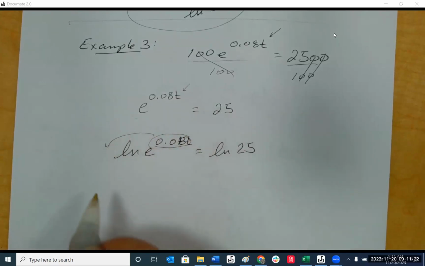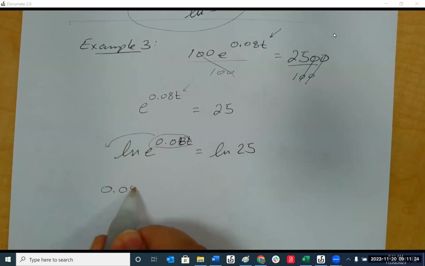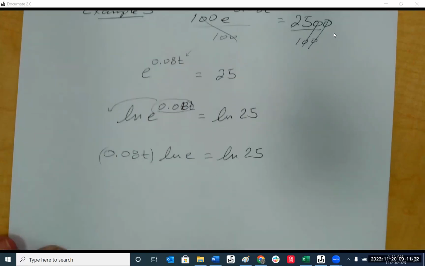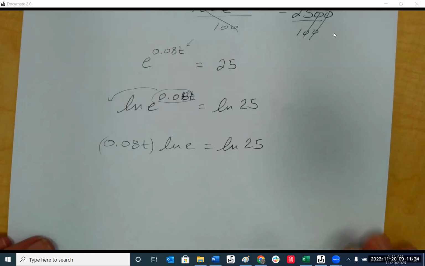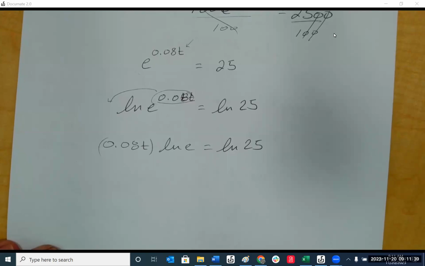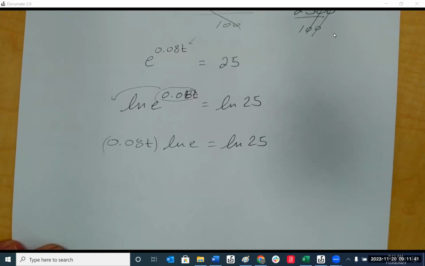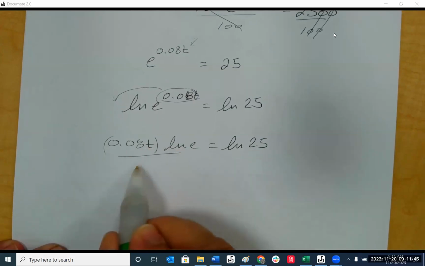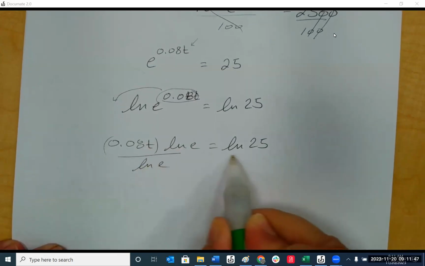That becomes my coefficient, so it's 0.08t times ln e equals ln 25. Get rid of the ln e, divide both sides by ln e.